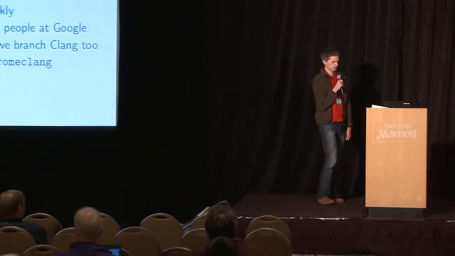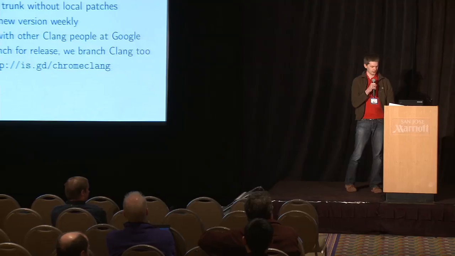And also, if we do contribute something upstream, we like to get it back within a week so we can use it straight away. So what we do is we basically pick a revision each week, and we pull that in, compile it, and we compile all of Chrome, and we run our tests and so on, and we coordinate a little bit with other people at Google who know things about Clang. And if it looks good, we use it, so we build it, and we upload it to this server, which is actually a public server here, so you can use it if you like.